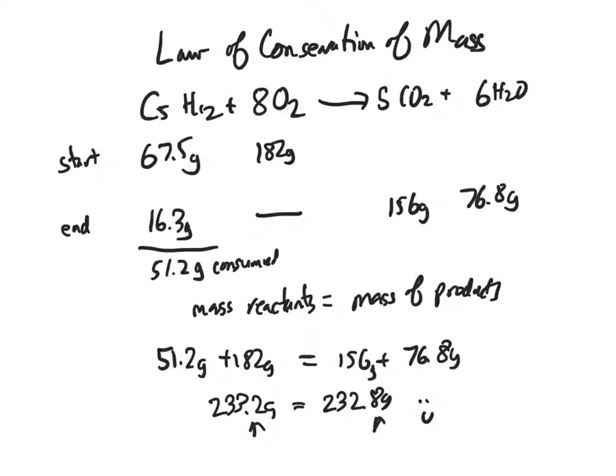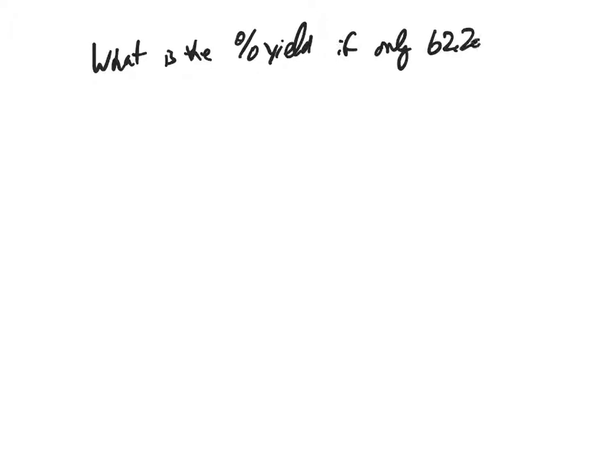One last thing to do with this problem to show what else could possibly be asked in these problems. Let's calculate the percent yield if only 62.2 grams of carbon dioxide are recovered.